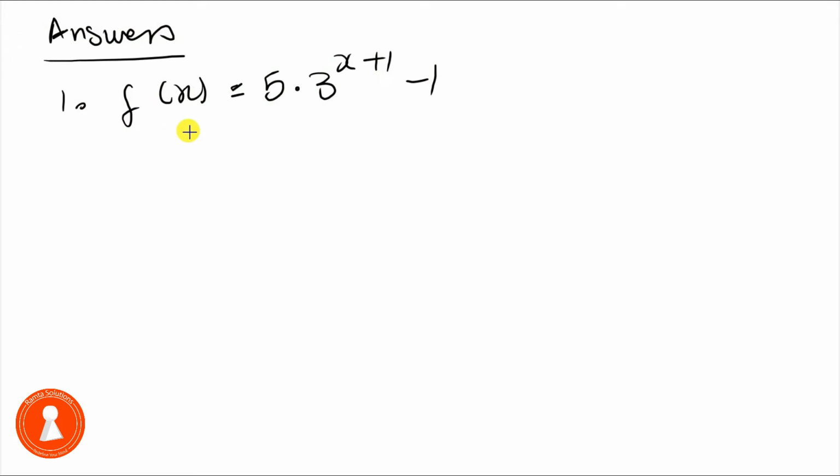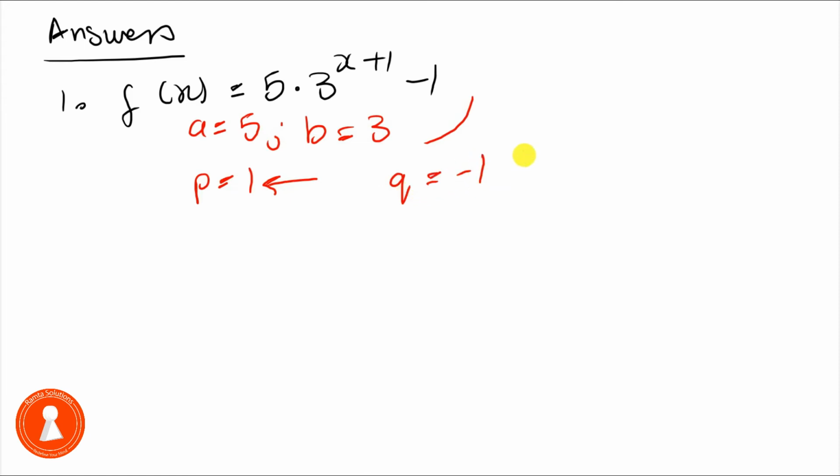What you know is that a is 5, which means the graph lies above the asymptote. b is 3, so I'm expecting our graph to look like this. p is 1, this means it is shifting to the left, and then q is equal to negative 1, meaning it is shifting down.